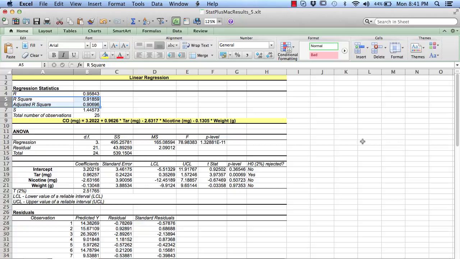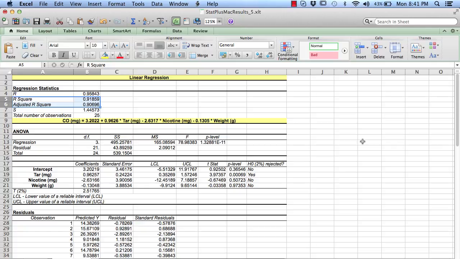So essentially it's how well we can predict the dependent variable from the model. So in this case, we've got something like 91.9% of the variability in CO output is explained by tar, nicotine, and weight.